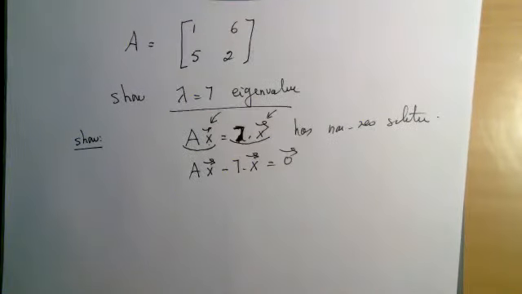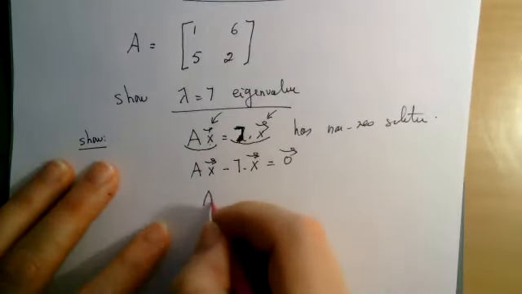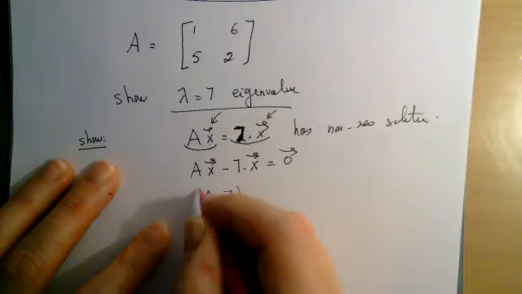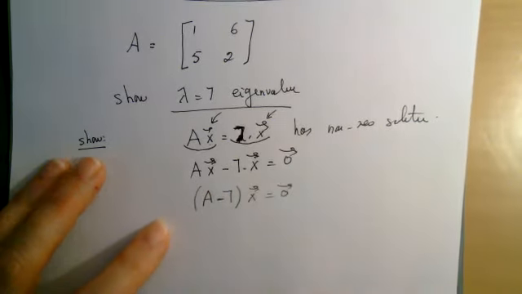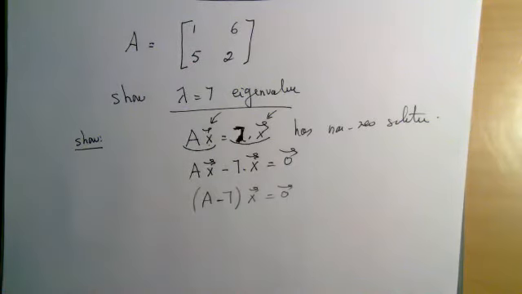I'll ask you a question. You tell me if what I did is true or false. Can I factor that this way? True or false? True. True? Do you agree with your classmate? Can I factor x this way?